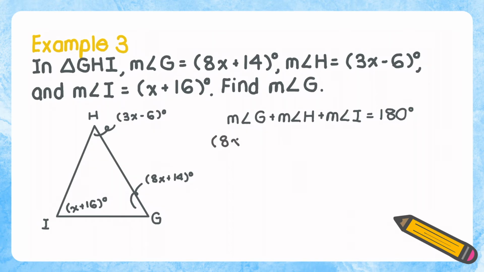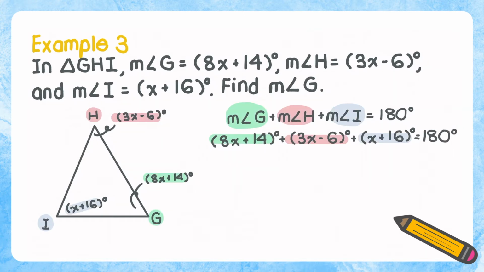So 8x plus 14 degrees plus 3x minus 6 degrees plus x plus 16 degrees equals 180 degrees.